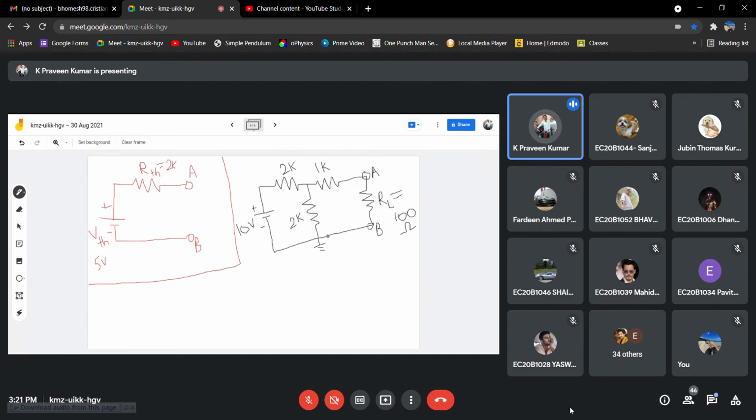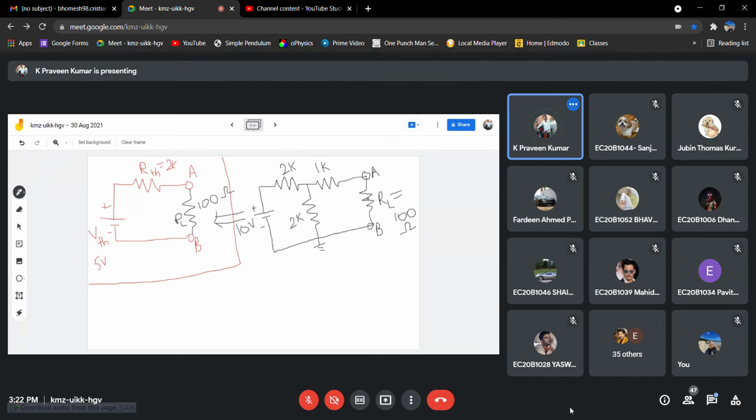Now how can I verify that this circuit and this circuit are the same? What we have said is that this entire circuit can be replaced by something like this, across A and B. Now we need to verify whether this is right or wrong. So how can we verify?